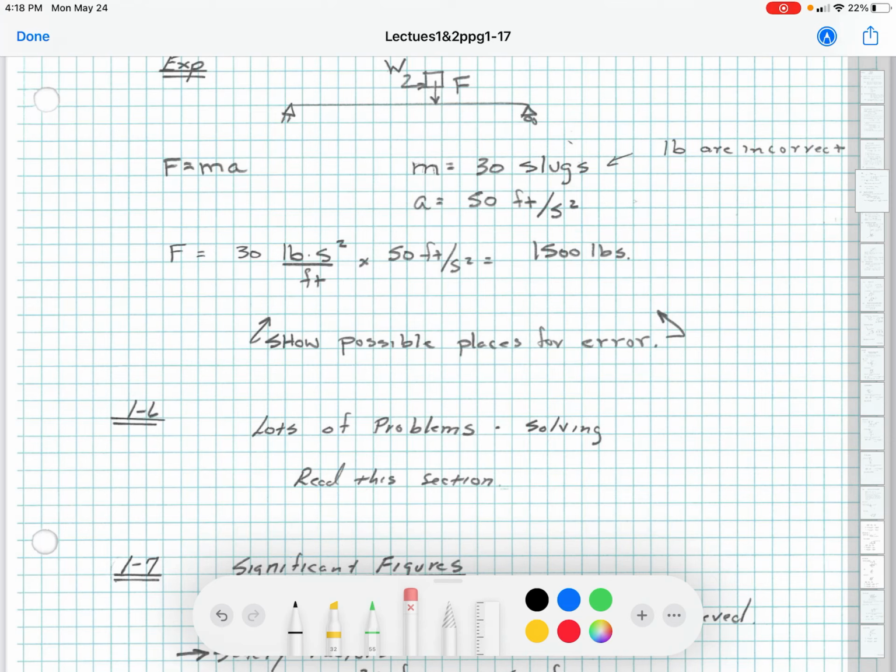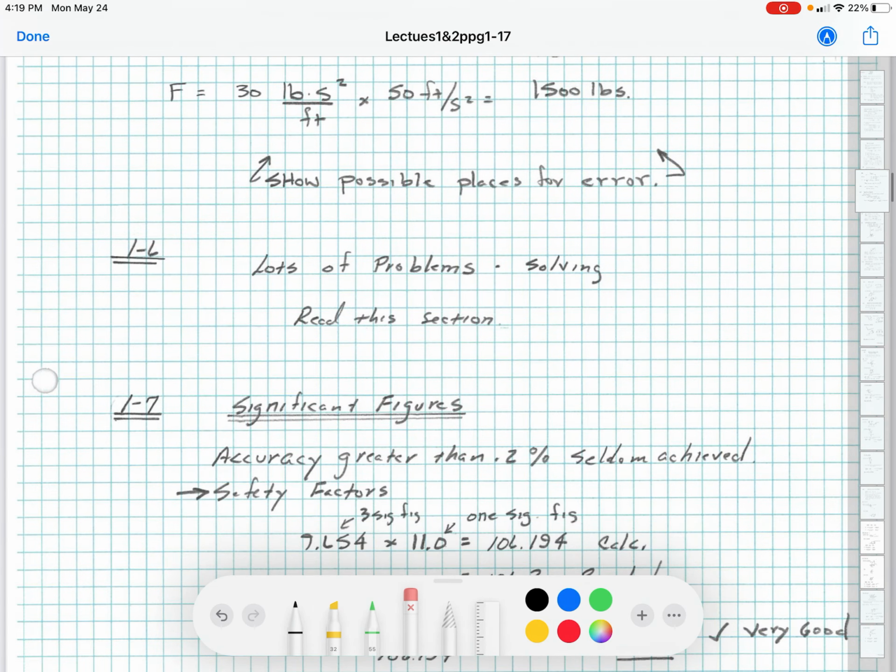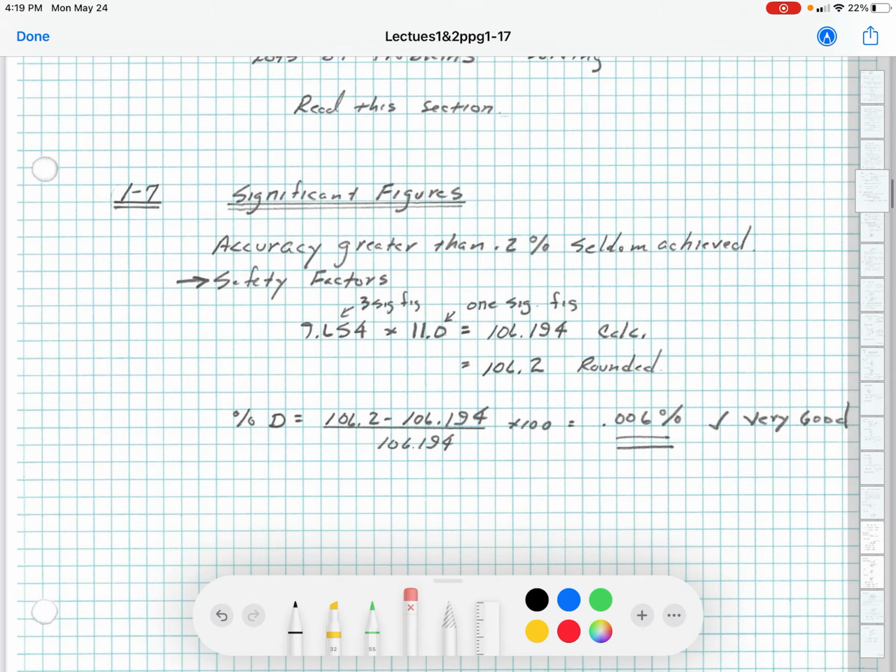We know that 30 pounds second squared over feet, that's 30 slugs, times 50 feet per second squared, so the seconds squared cancel, the feet cancel, and you get pounds. That's what we're looking for. We're taking something in slugs and putting it in pounds. We have to make sure we have these units right, and we'll do a lot of examples that show these units.